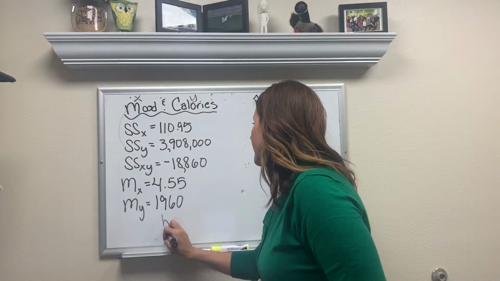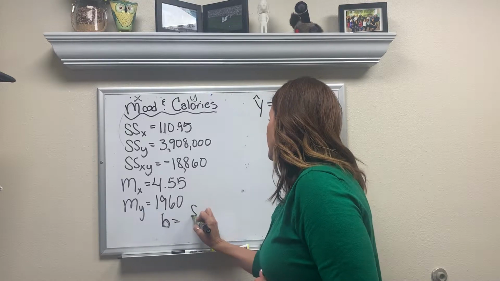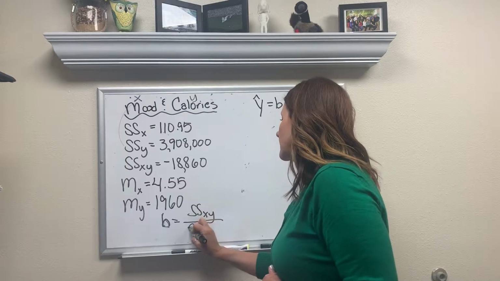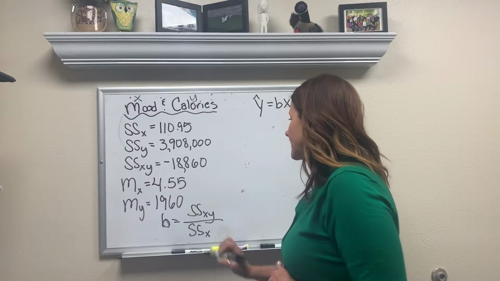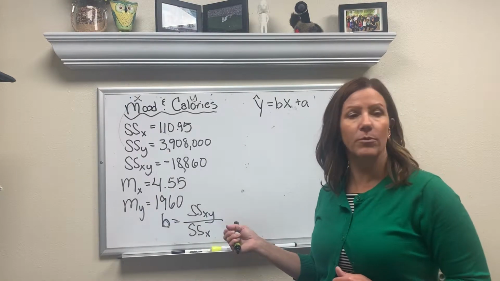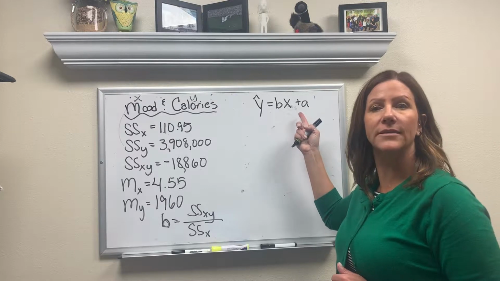B equals the sums of squares of the product divided by the sums of squares of x. So that's how we get our slope. We need our slope to be able to get our constant, and that's what this is, our constant.